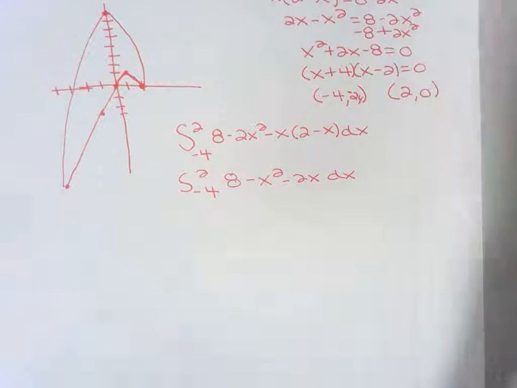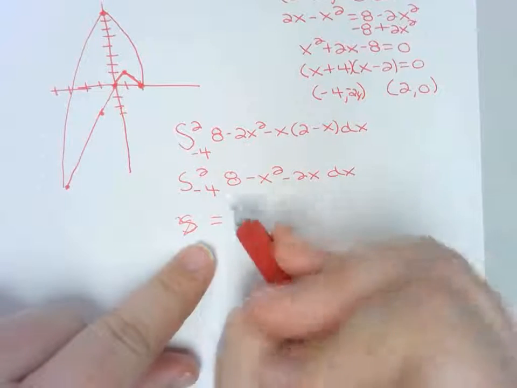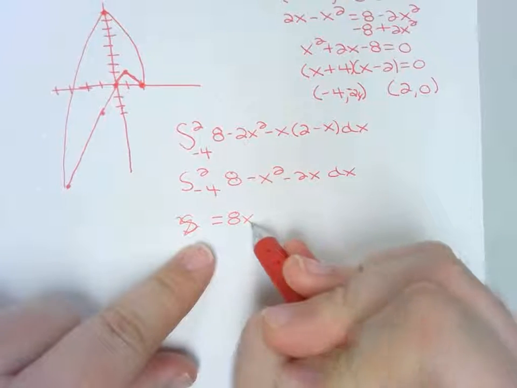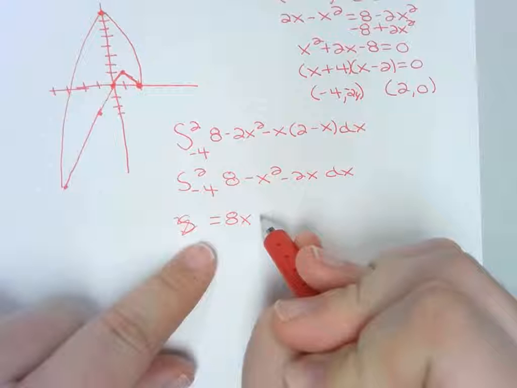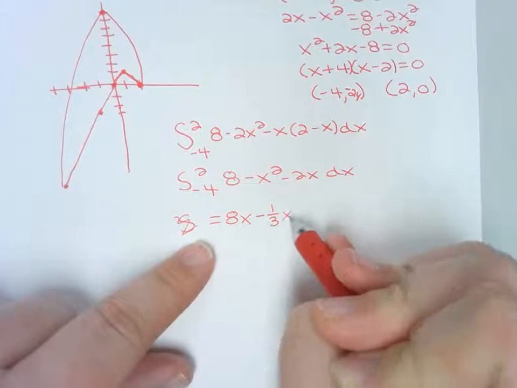Did I make any simplification error? I don't think so. Okay, so let's integrate this. 8x, integral of negative x squared is negative 1/3 x cubed.